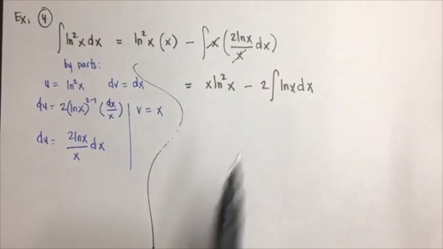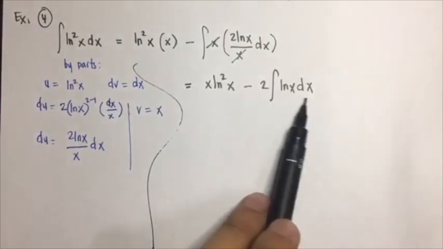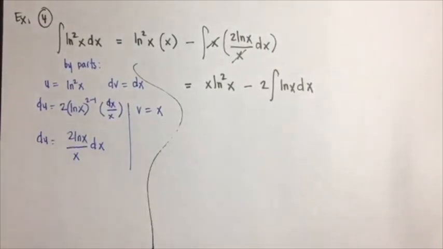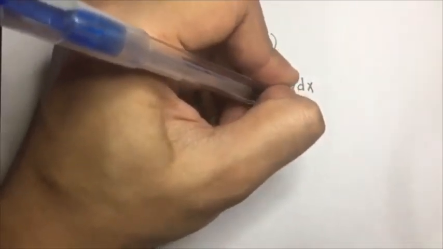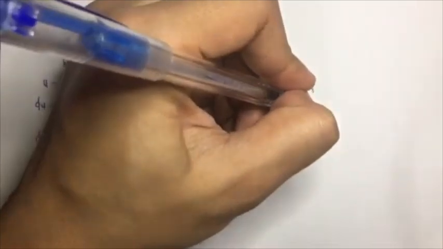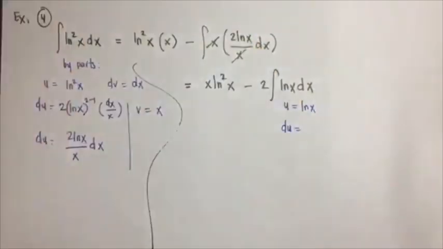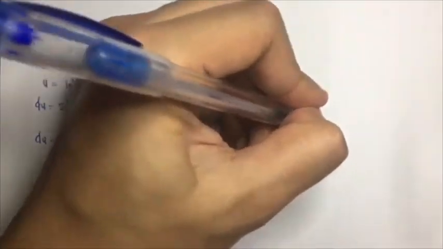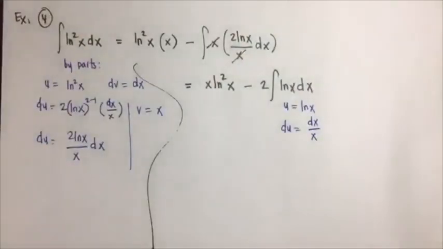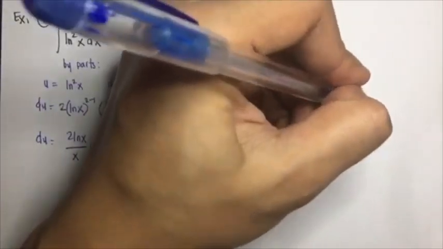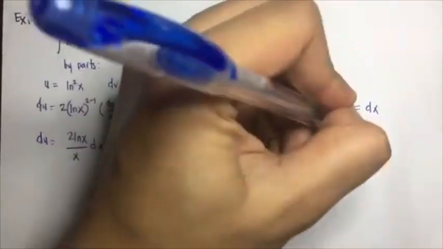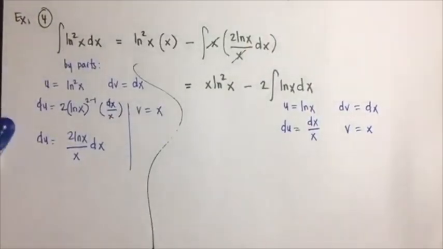Okay, since this part here still can't be integrated, we can apply integration by parts again. Here our u again will be ln of x, therefore our du is dx over x, and our dv obviously will be dx, so our v is the integral of dx, which is x.